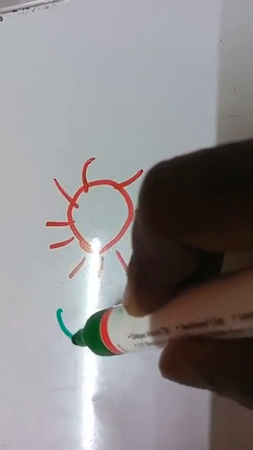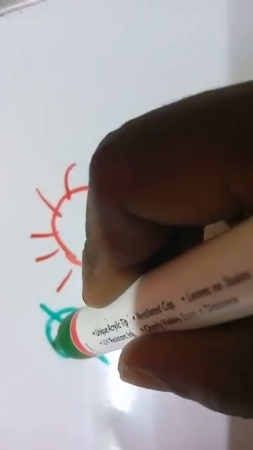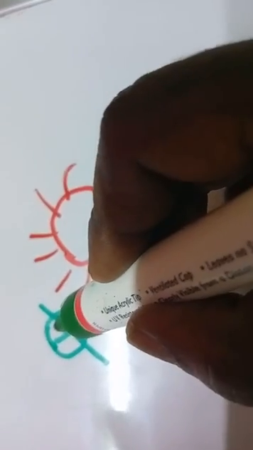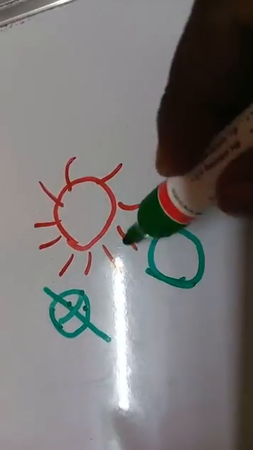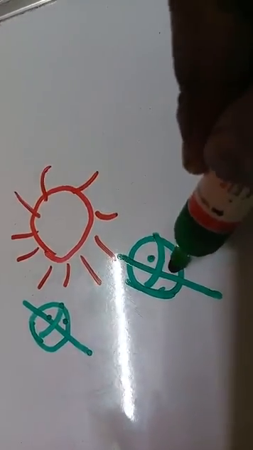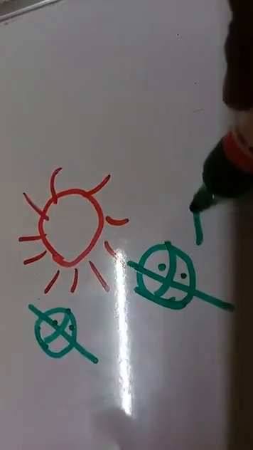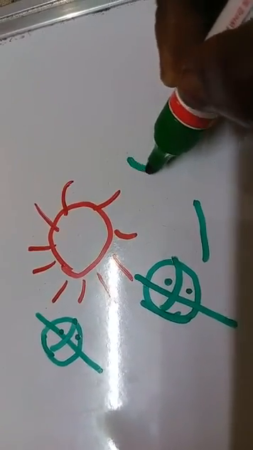Our earth, if you just imagine, this is our earth, and it has a tilted axis, and a line divides this into two halves. So now this is the northern hemisphere and this is the southern hemisphere. And when it changes its position, now imagine our earth is here, then also this is the northern hemisphere, this is the southern hemisphere.